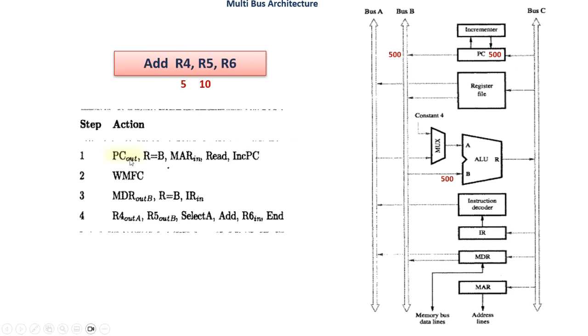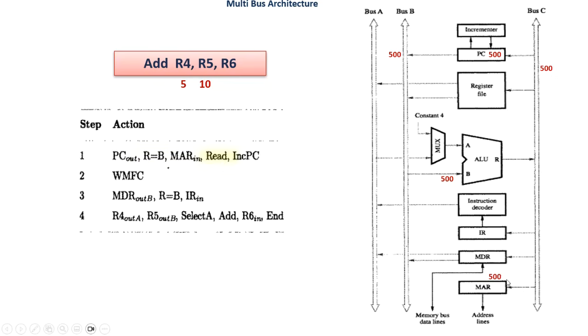When the first control signal is enabled, the content from the program counter can be moved into bus B. Then R equal to B means whatever data is present in bus B can be moved into bus C. Now MAR in, so this value can be moved into the MAR register. Then the read operation can be activated.